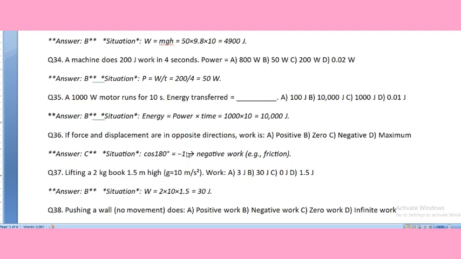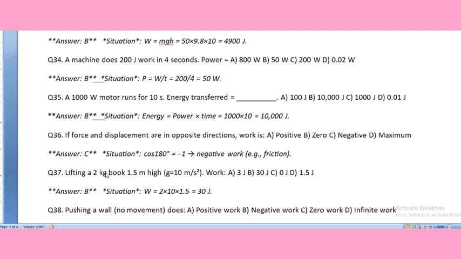As I showed here, cos of 180 is equal to minus 1. So the work here is negative. The correct answer is C.